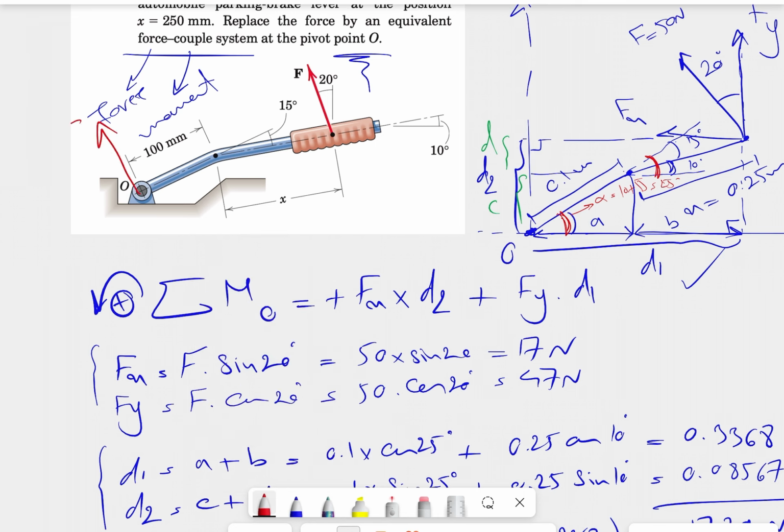So we can show it with this force F, 20 degrees, and we'll have the moment MO, which will be 17.29 Newton meter, and our F is 50 Newton.